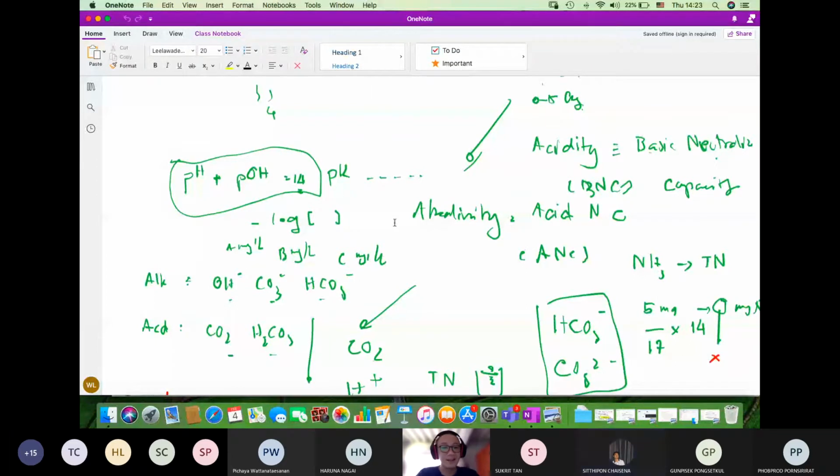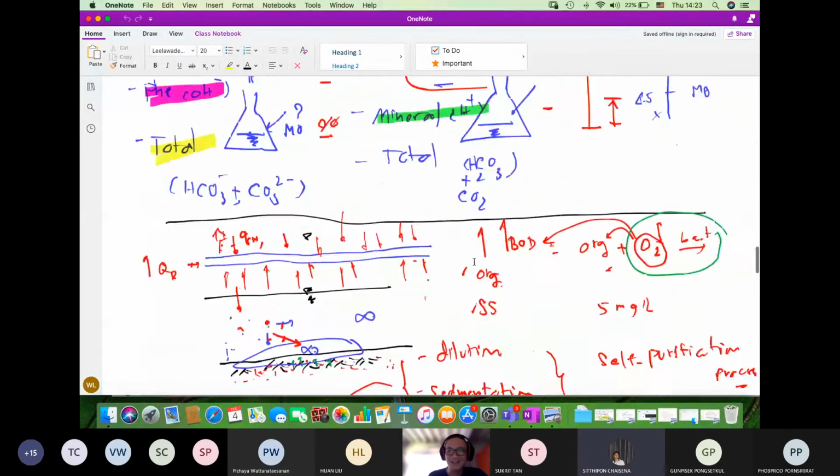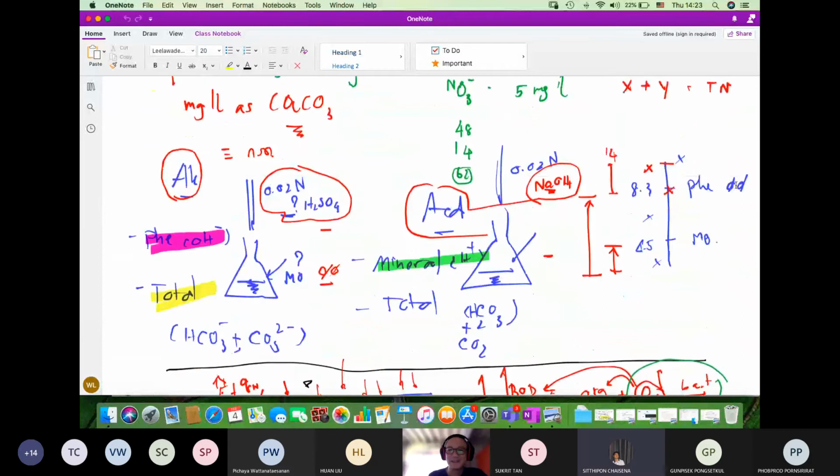Less than 4.5, no alkalinity. On the other hand, above 8.3, no acidity. Just like this one, this is the pH scale ranging from 0 to 14.